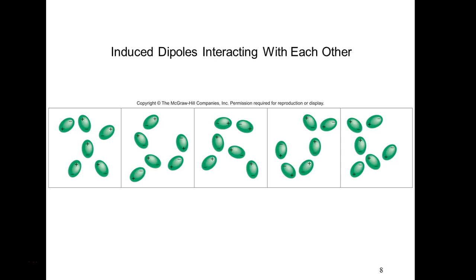Now, if you look at these items as an electron cloud, just by random probability, at any given time there is a likelihood that there'll be electron density that builds up in one region and electron deficiency that will build up in another region. Temporarily, there'll be dipoles even in nonpolar substances. Those temporary dipoles can interact with other temporary dipoles in surrounding molecules. That is a dispersion force.